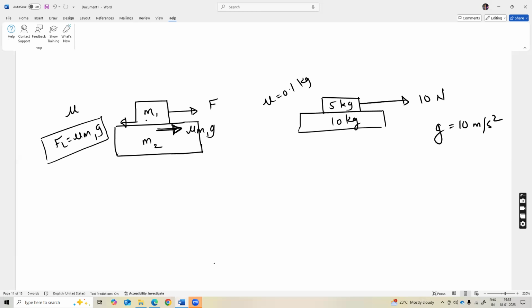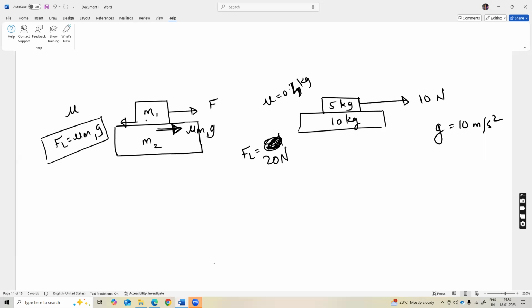The normal reaction on the 5 kg block: since 5 kg is the mass, 50 newton is its weight, so 50 newton is the normal reaction. Let's consider mu is equal to 0.4. So limiting friction will be 20 Newton. So ideally, the applied force is not crossing the limiting friction value.